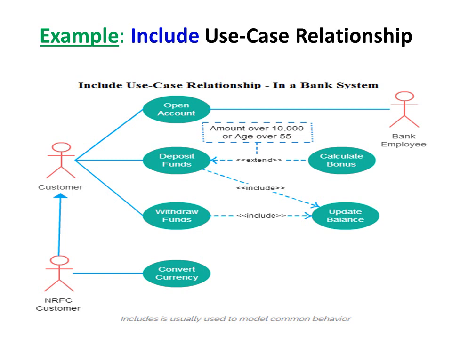Same for the withdraw funds use case. When the customer withdraws funds, the update balance should be executed. That means it's mandatory. It's not optional. Which means withdraw funds, the base use case, will not be complete if the update balance is not executed along with it.